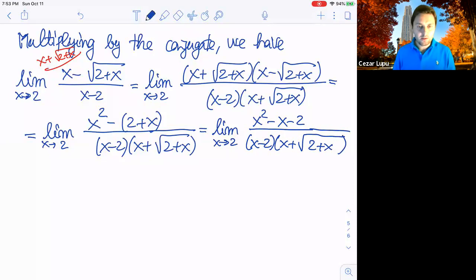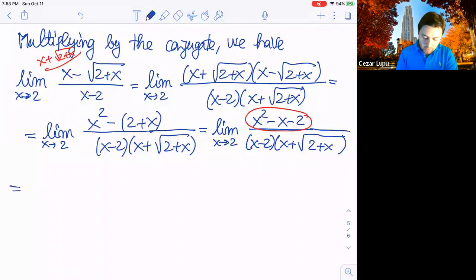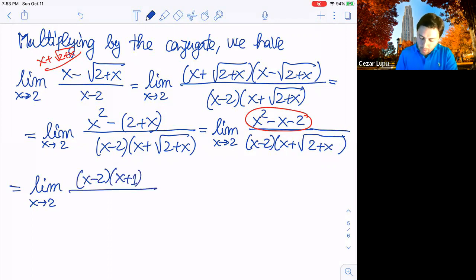And now there is something we need to do here. You see on top we have this quadratic, maybe I can factor this in linear terms, and I can actually do it. So this would be nothing else than just the limit as x approaches 2 of x minus 2 times x plus 1 over x minus 2 times x plus the square root of 2 plus x. And now guess what?